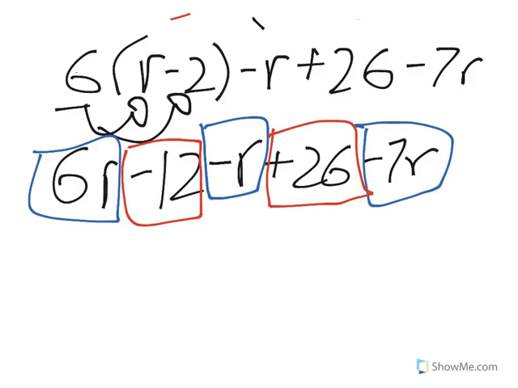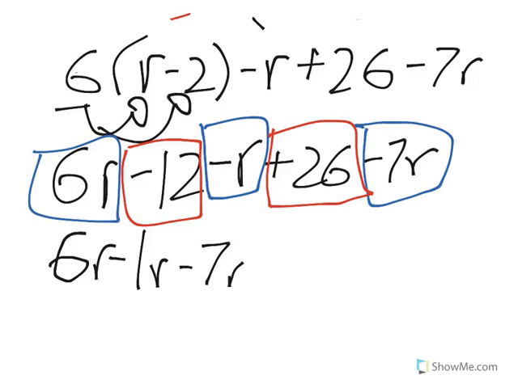So I want to maybe just start off with our variable terms, since we've got a bit of a tricky one happening here. We're going to do 6r. So we want to do now our minus r, but we can't just put in an r. So minus r is actually minus 1r in this case.